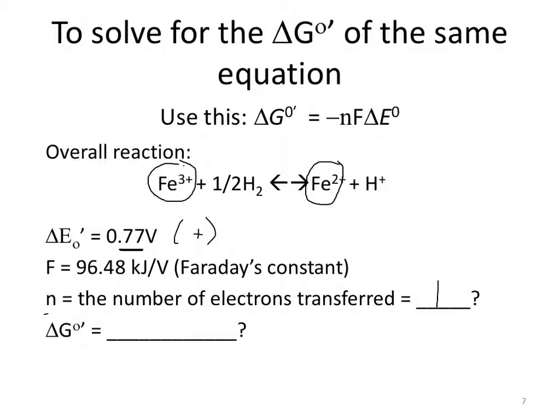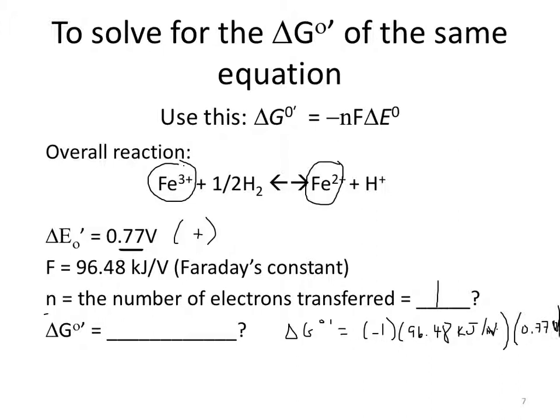So delta G is going to equal -1 times 96.48 kilojoules per volt, times delta E, which was 0.77 volts.